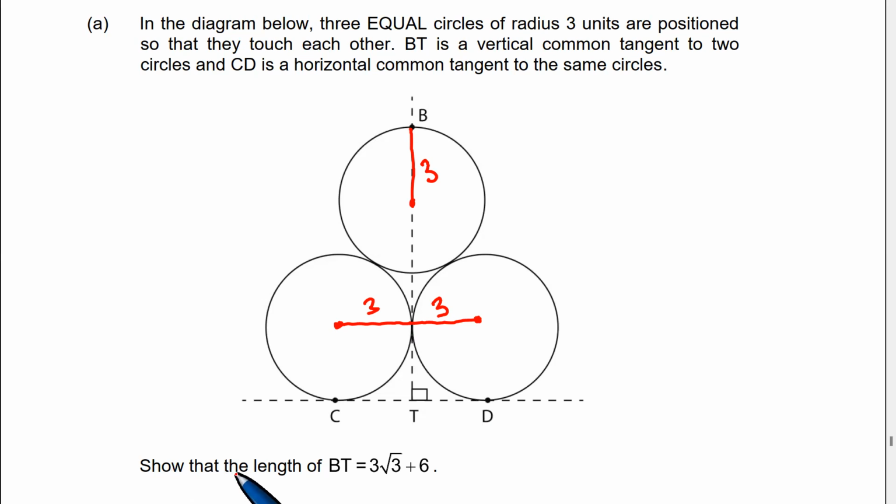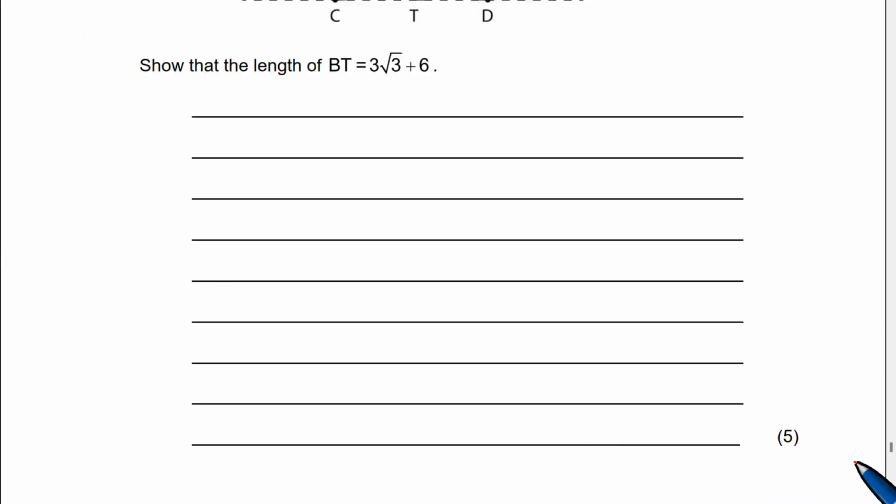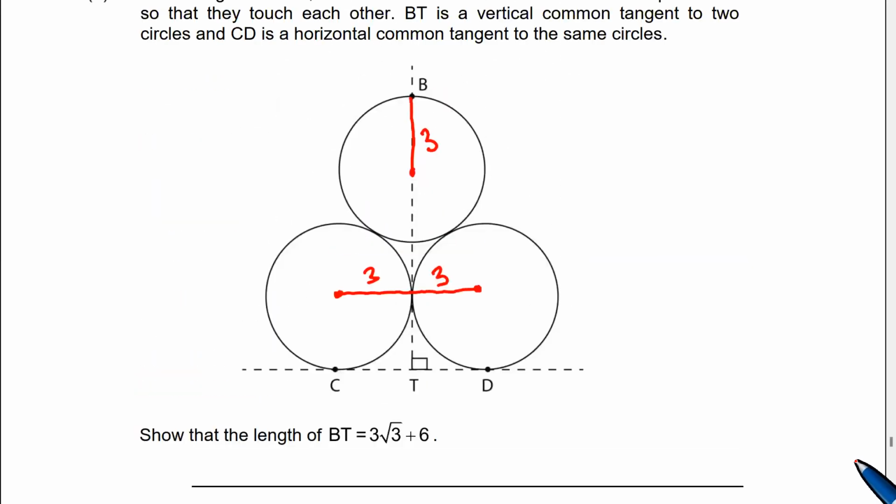So we must find the length of BT, so that the length of BT is equal to 3 square root of 3 plus 6. This one is very easy. How many marks was it? 5 marks. So I can give you like 3 minutes.